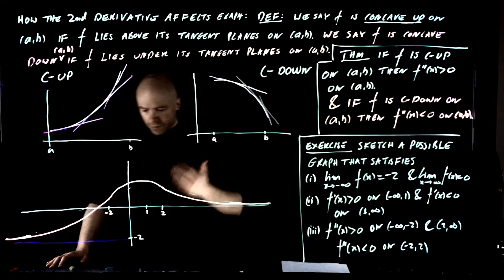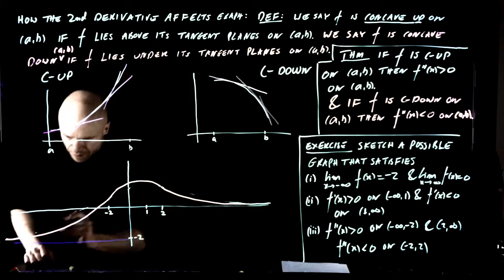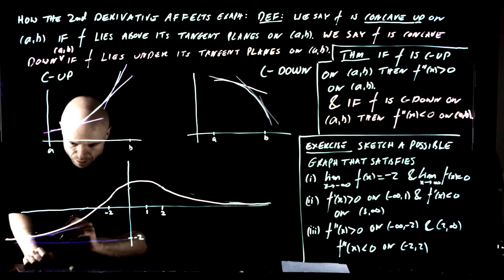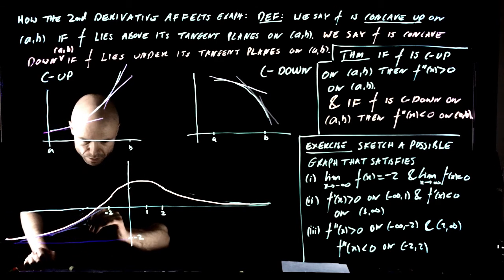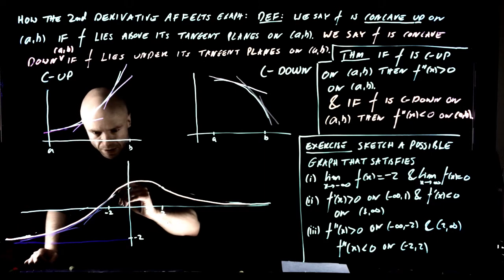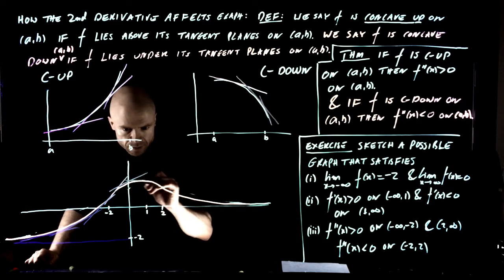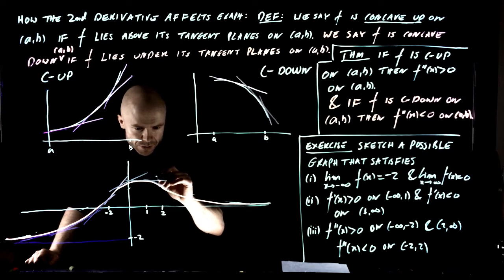This does the job. We can put in the tangent lines just to show you more detail. Like definitely concave up around here, right? Concave up, and here it starts to be concave down, so it's underneath its tangent lines. Yeah.